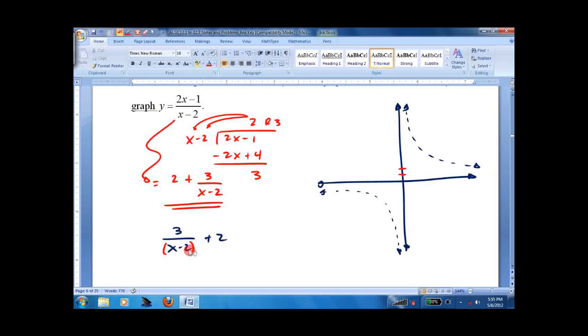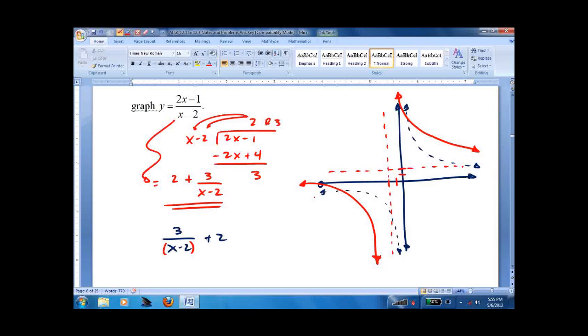The x minus 2 goes to the right 2. So we have an asymptote here and an asymptote here. And the 3 means it's stretched out away from the origin. So it probably looks something like this. And that's just one of the many uses we'll use for long division.